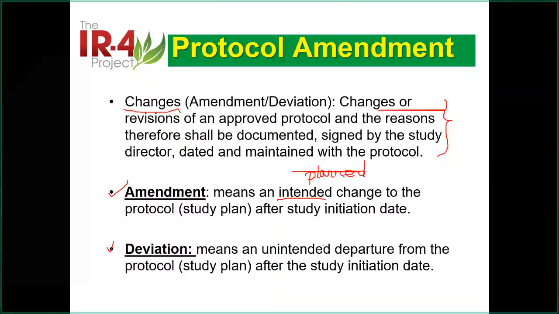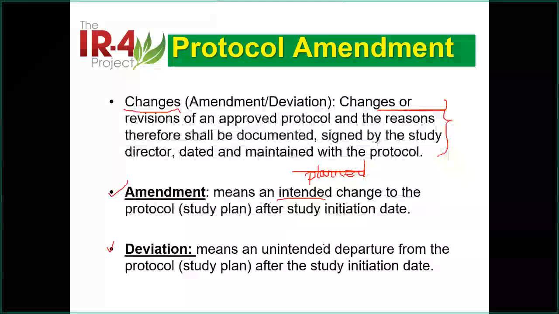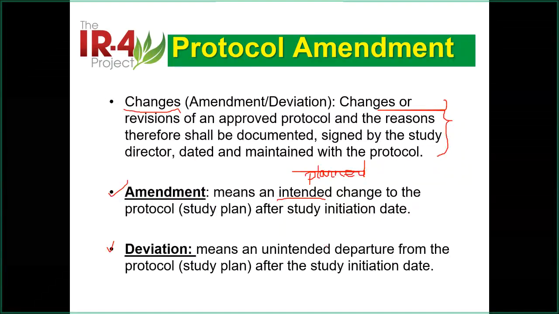Okay, for example, we talked about the lab. When the project got started, we did not specify a lab there. Then we need to issue an amendment. Then there will be a lab there.